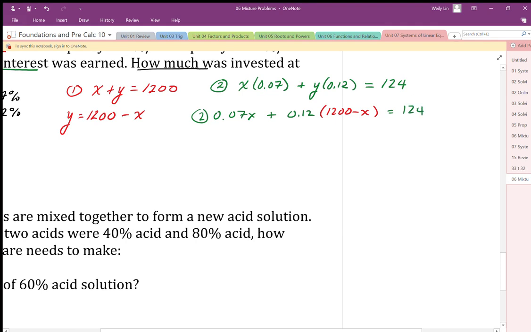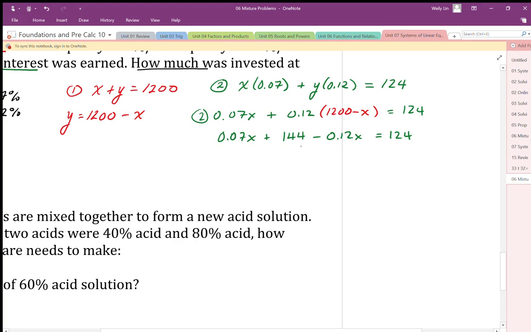If I multiply this out, I'm going to end up with 0.07x plus 12% of 1200, which I think is going to be 144, if I'm not mistaken, minus 0.12x equals $124.